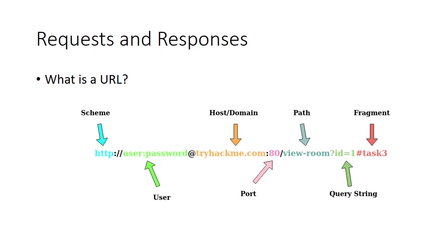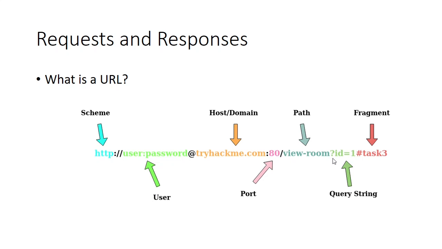And if it's HTTPS, you would be using by default the port 443. But this can be hosted on any port from number 1 to number 65,535. That's why we can define the port number here.